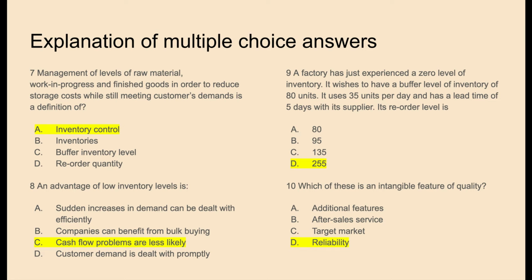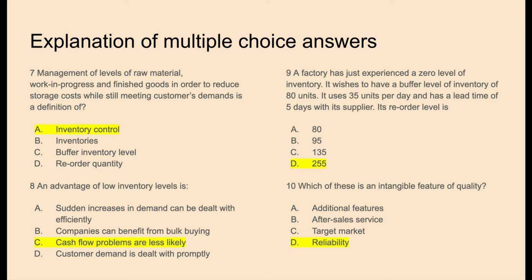Okay, last question then in terms of multiple choice. Which of these is an intangible feature of quality? Well, additional features is not an intangible feature. That's very much a tangible feature. After sales service, well, that's not really an intangible feature of quality as such. It's an element of the product offering, but not really an intangible feature of quality. Target market has nothing to do with the features of quality, but reliability clearly does.